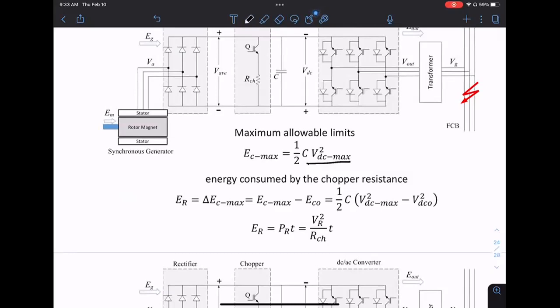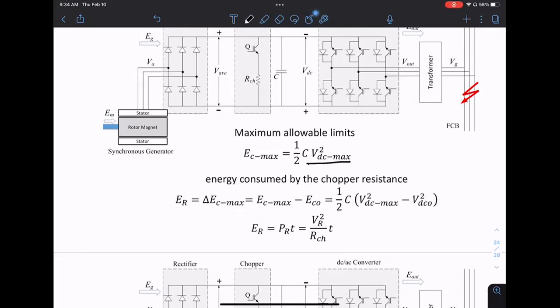The reason I have this max allowable limit is that if it gets higher than this, I can open a breaker and turn this whole thing off. So this is not arbitrarily high. But if the voltage goes just 10% higher, I may not want to open everything on the circuit. I still want it to be operational, so I just survive this. The way to survive it is to dump the excess through this resistor.